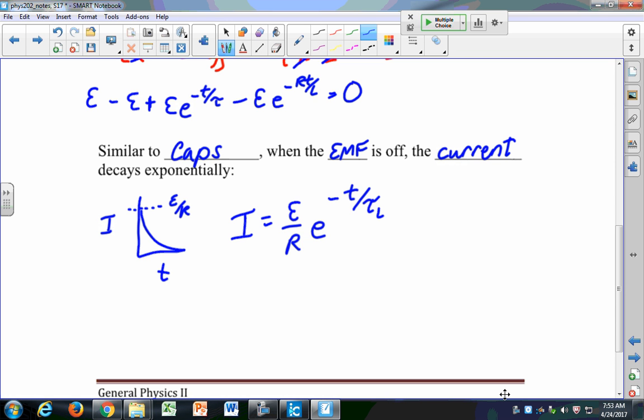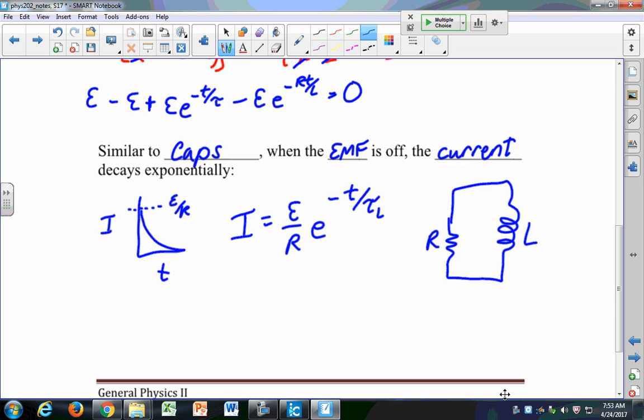So these work mathematically identical to RC circuits. They just work for a different reason. And the reason that I get this: if I turn off the battery, I'm left just with a circuit that looks like this, where I have a resistor and an inductor.